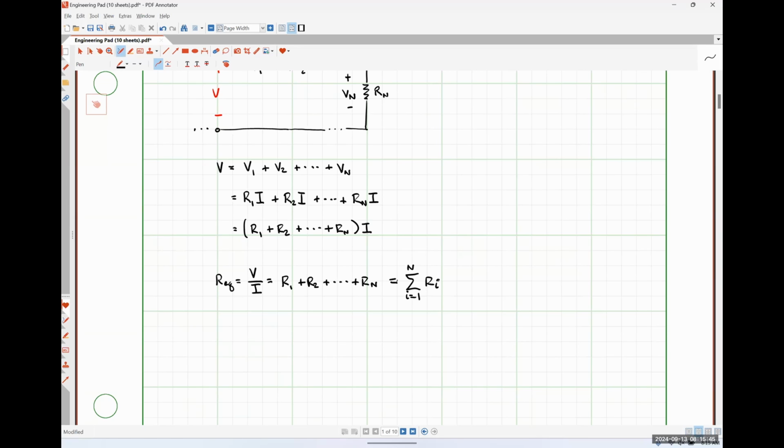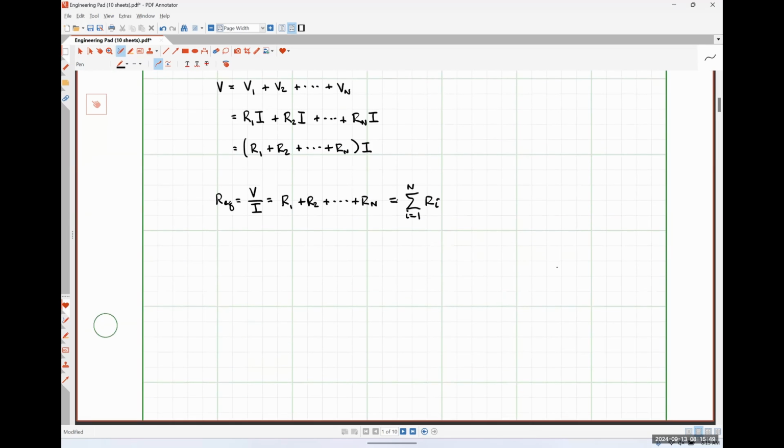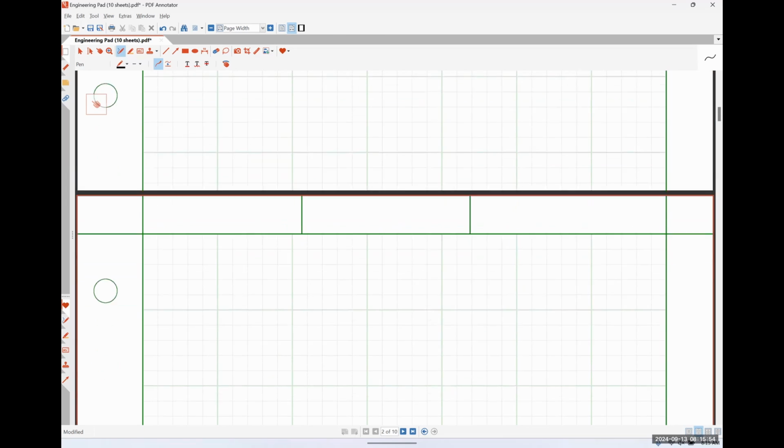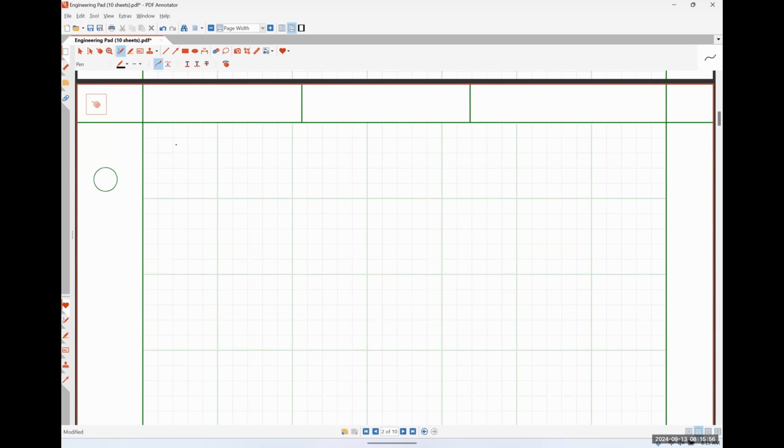All right, so now let's look at resistors connected in parallel. Let me do it on another page just to give myself enough room. So we're going to have a similar situation here. I'm going to have a network that is part of some larger circuit.